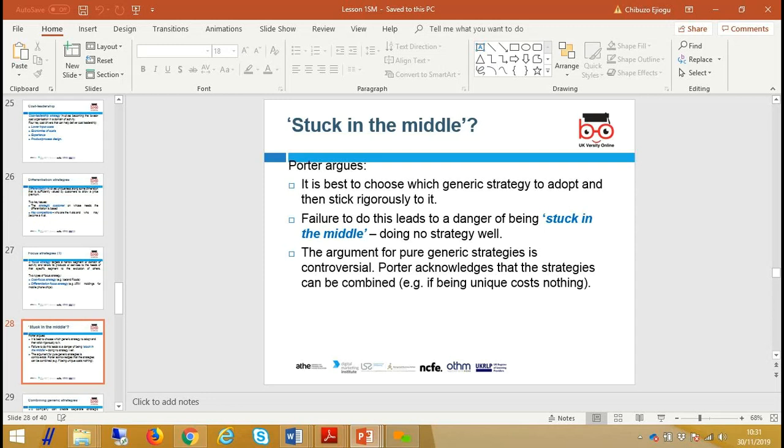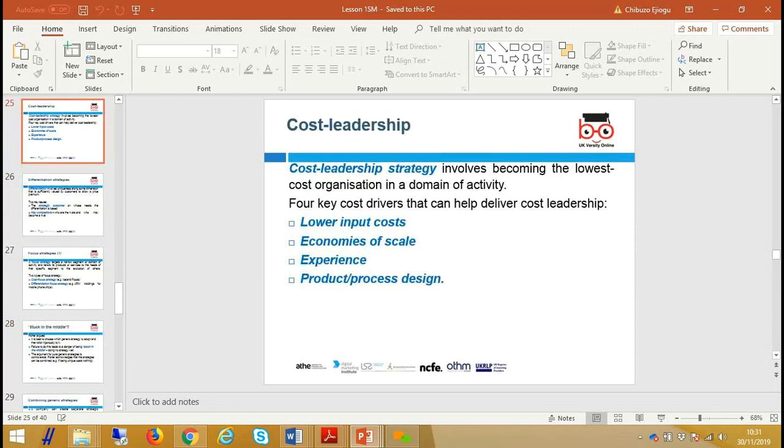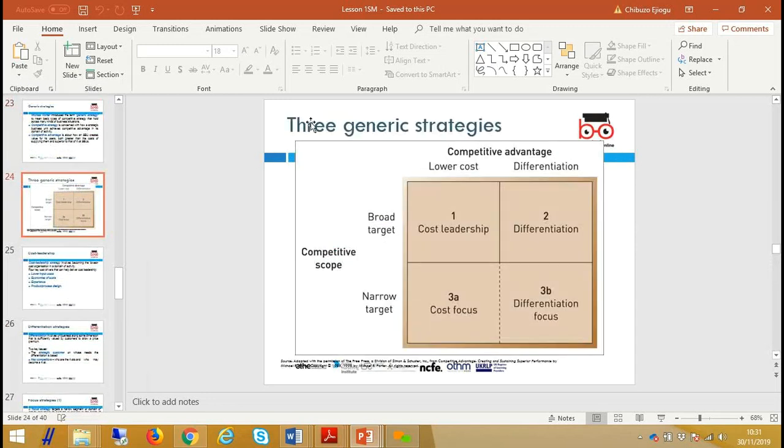What he said is that if your organization is stuck in the middle, you are trying to do everything at once. You are trying to do low cost, you are trying to do high quality differentiation, you are trying to do market segmentation. You are stuck in the middle. An organization stuck in the middle is what we call a jack of all trades, a master of none.